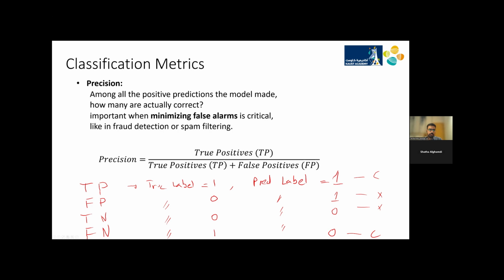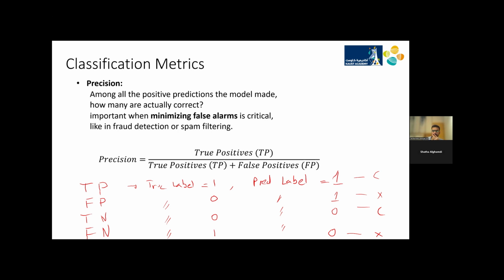I messed up the order. Okay. And this one is correct and this one is wrong. True negative and true positive are correct, and false positive and false negative are wrong. All right.